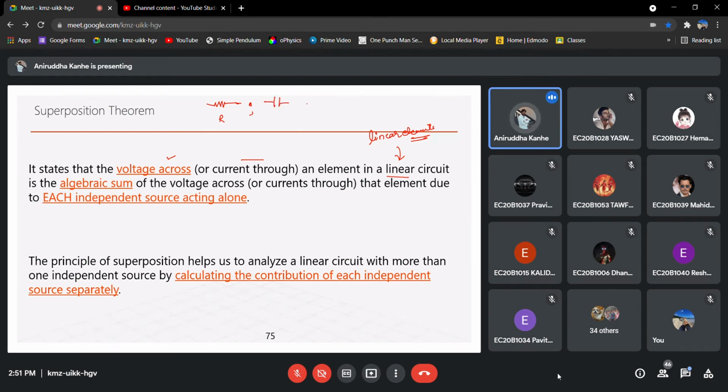You must be aware of capacitor, inductor, maybe diode, and then maybe BJT. At least these many elements you must have studied in your 12th standard, and also in your first year. Now, can anyone quickly tell me how many of them are the linear elements?